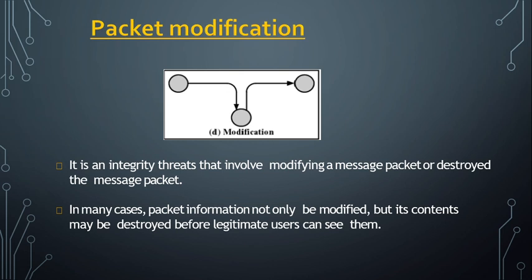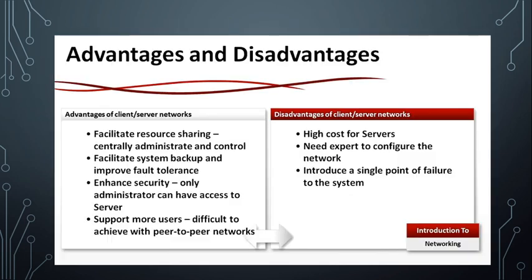Apart from all these threats, let us also talk about some advantages and disadvantages of client server architecture. As I told you, a main and important advantage of a client server network is that it always has centralized control.